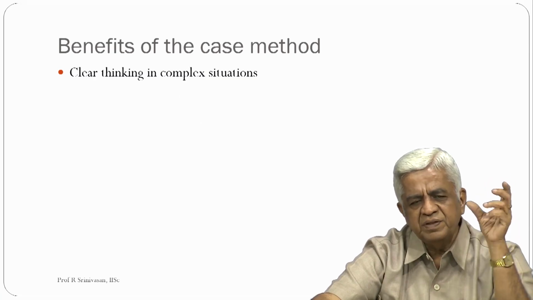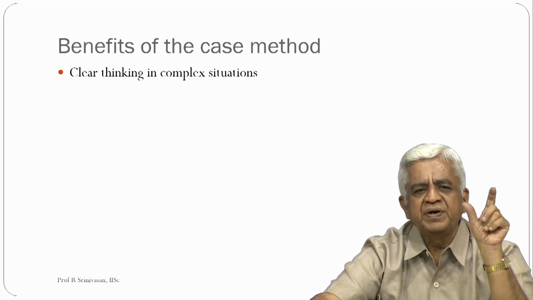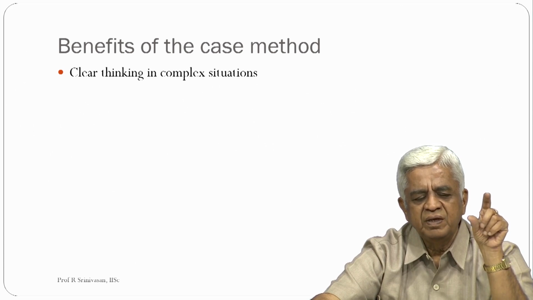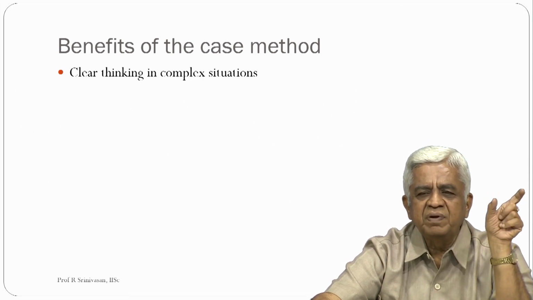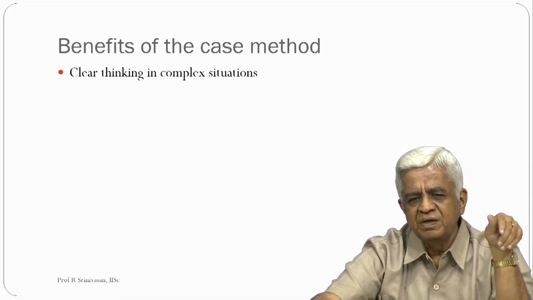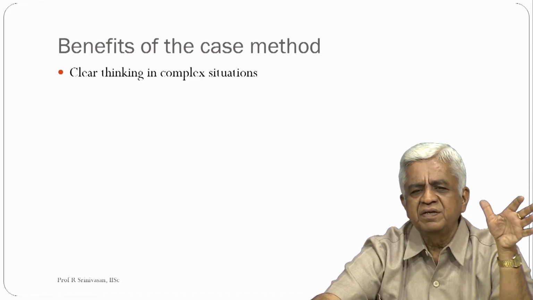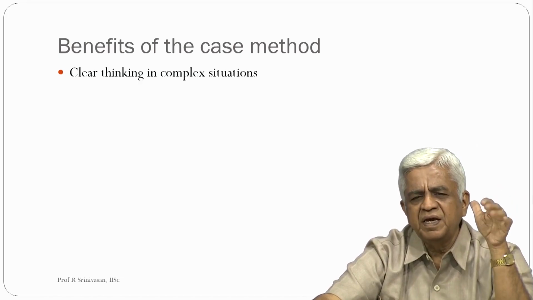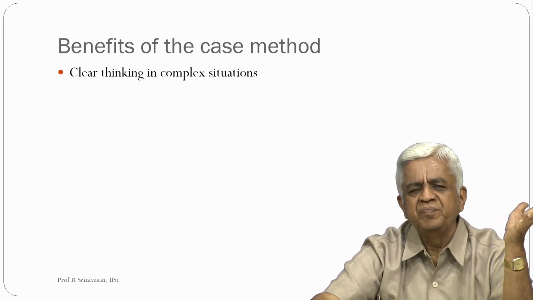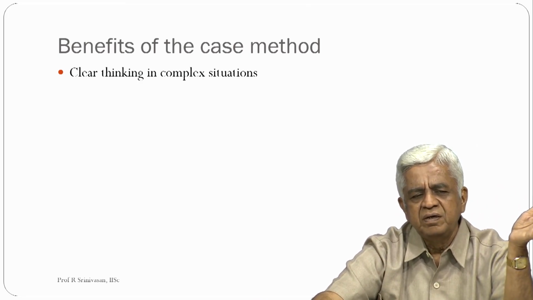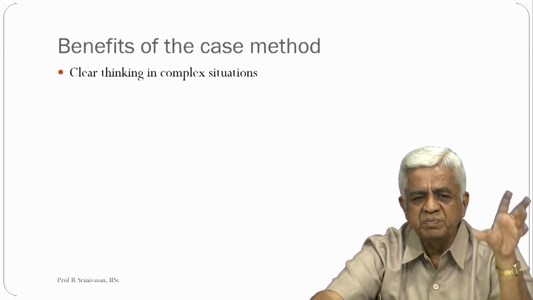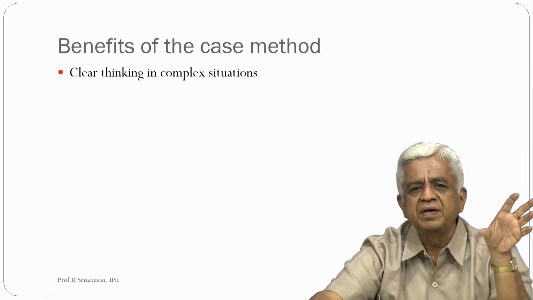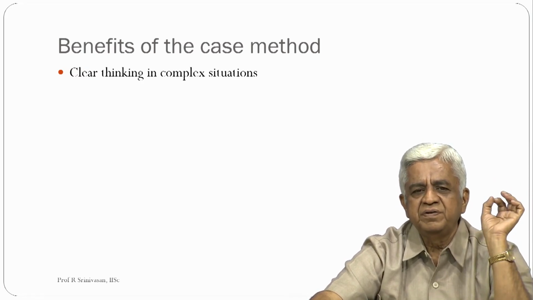In other words, what is the type of benefits he is going to get? He gets clear thinking in complex situations. Normally, organizations present a myriad data. Many times, one does not know whether this much of data is required for a particular situation.